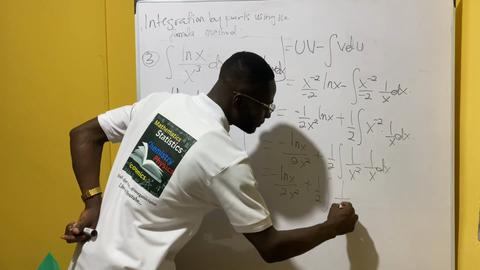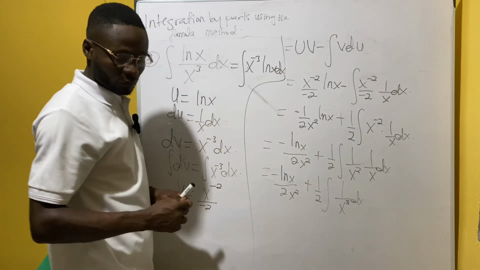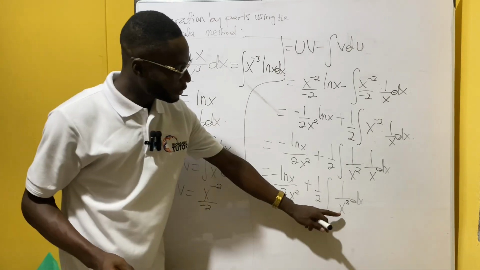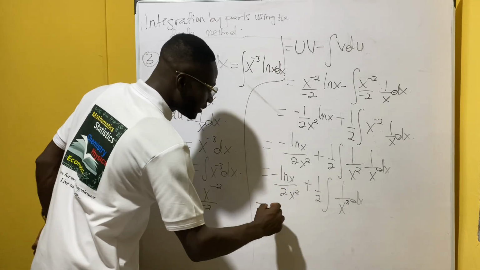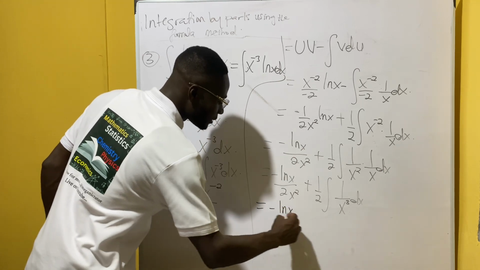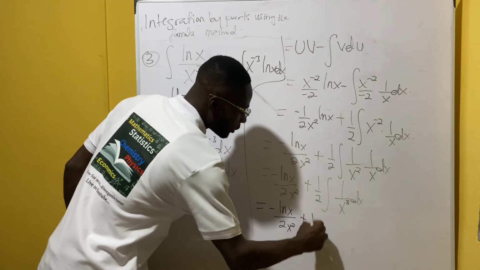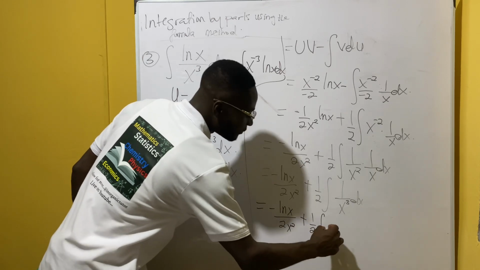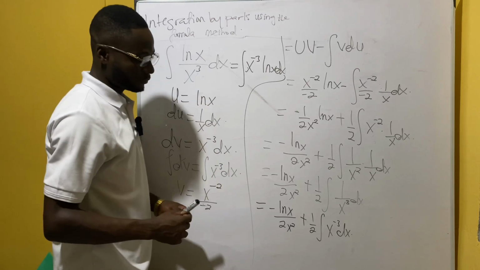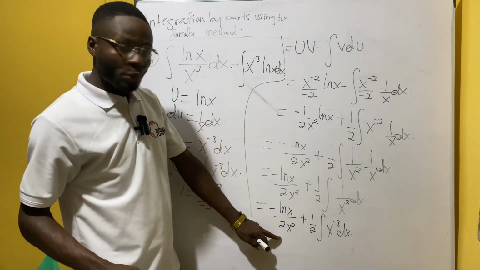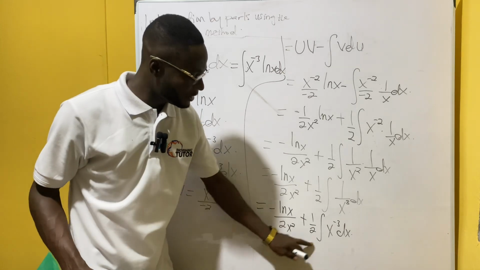Good. So this right here we have negative ln x on 2x squared plus 1 on 2 integral of 1 on x power 3 dx. Right? So this right here, we can reverse it. So we have negative ln x on 2x squared plus 1 on 2 integral of x power negative 3 dx. So now we can effect this integration.